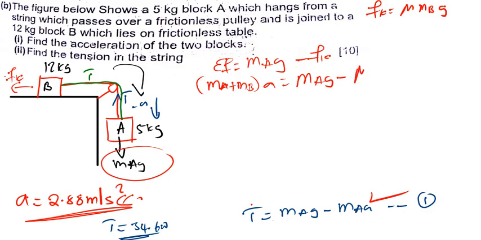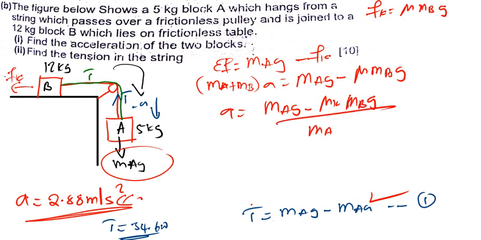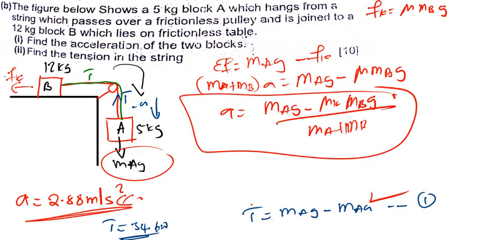So you say mu mbg, then a will be equal to mag minus mu k mbg divided by ma plus mb. So this is going to be the formula for this type of Pulley system when there's friction.